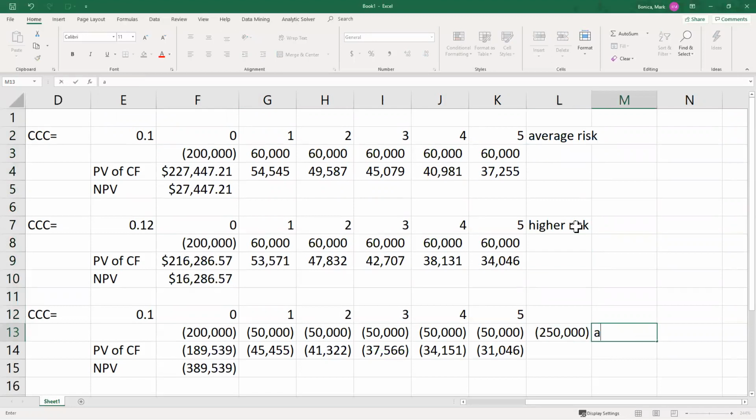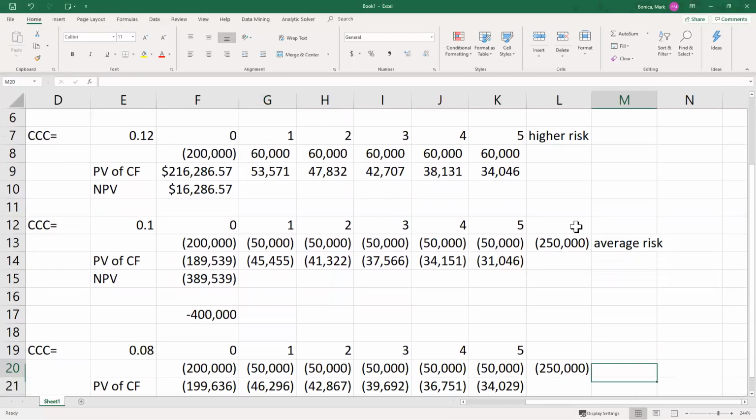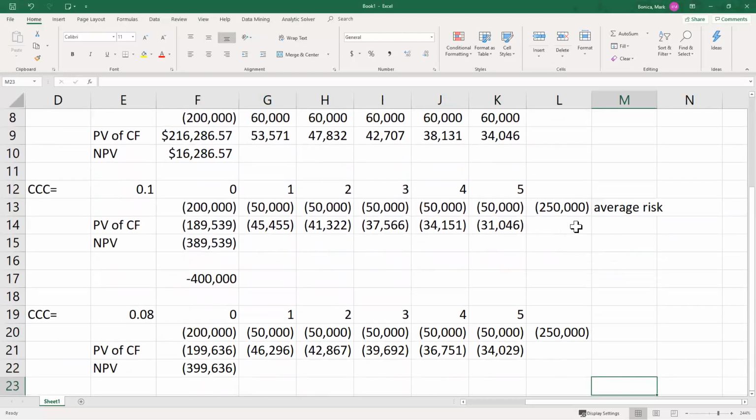Here we have an average risk investment in some sort of future cost, like a health record or maybe some sort of HR management program that allows you to do payroll or something like that. That's a good example. And so this one would be a higher risk cost, right?